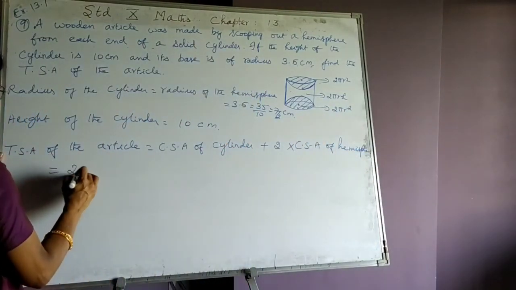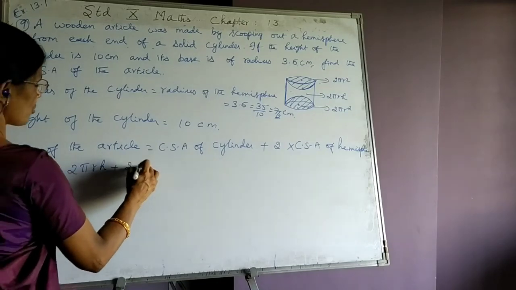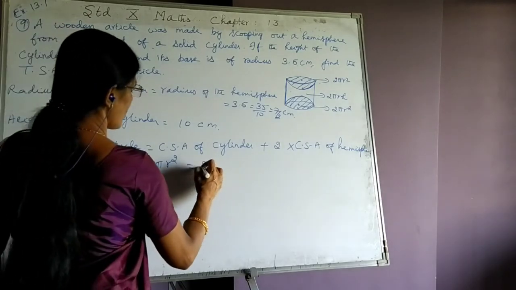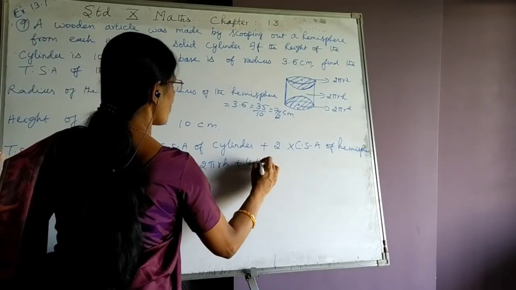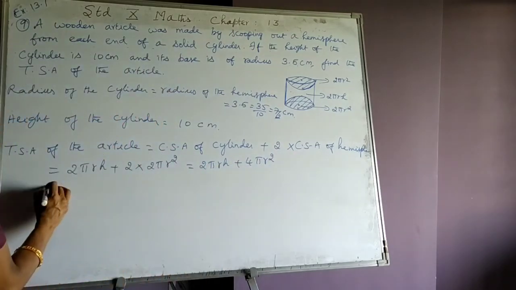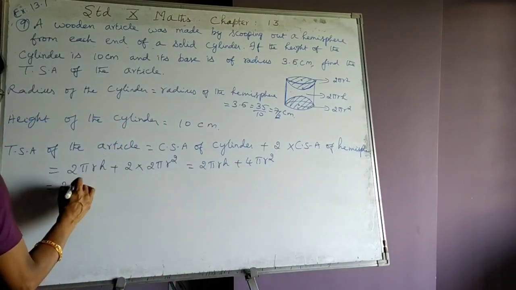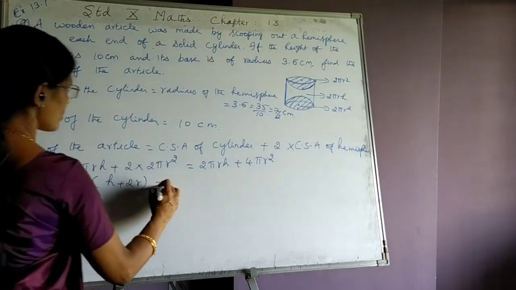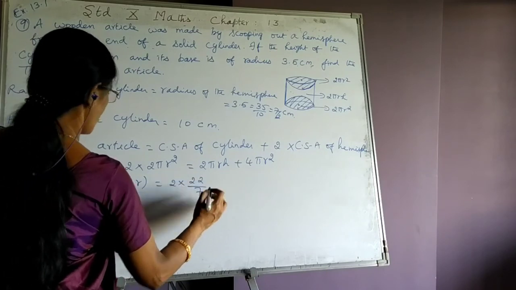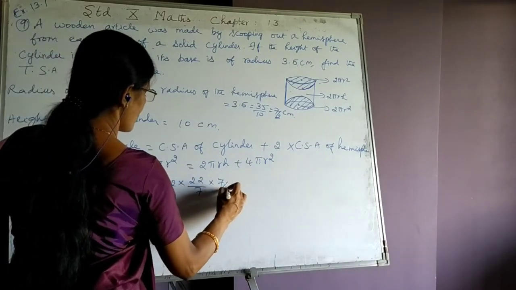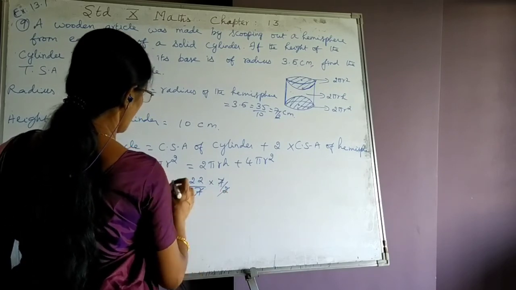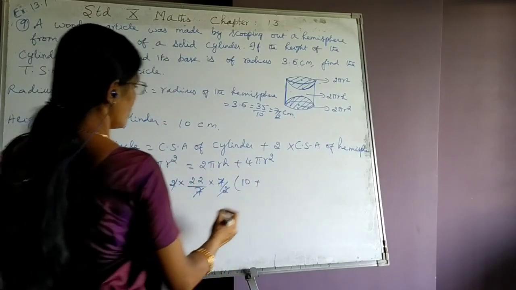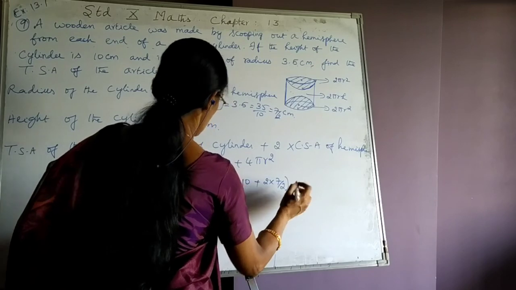What is CSA of the cylinder? It is 2 pi RH. 2 into CSA of the hemisphere is 2 pi r square, which is 2 pi RH plus 4 pi r square. You can see 2 pi r is common into h plus 2r, which is equal to 22 upon 7. R is 7 upon 2 into h. Height of the cylinder is 10 plus 2 into 7 upon 2.